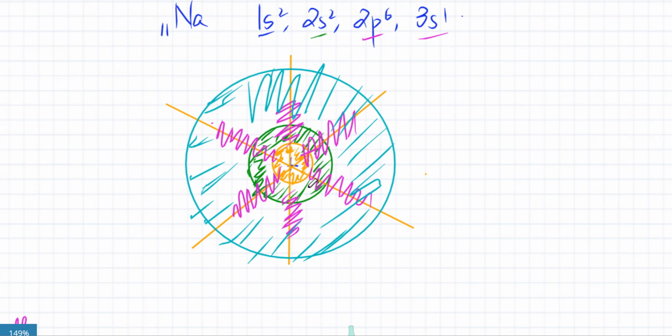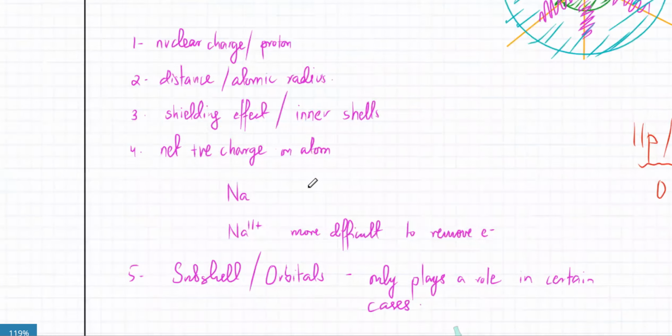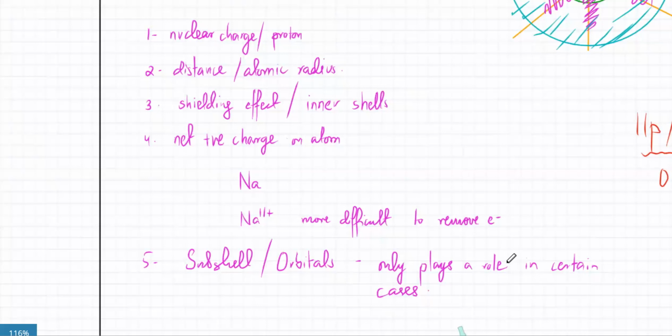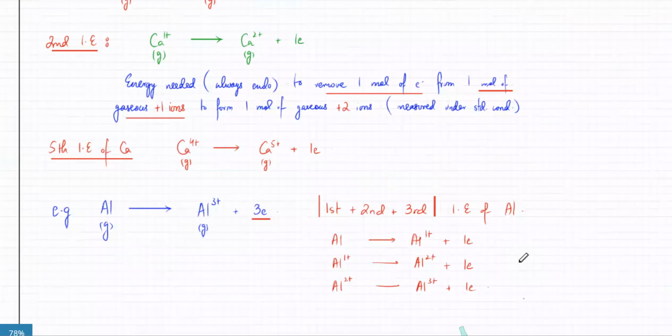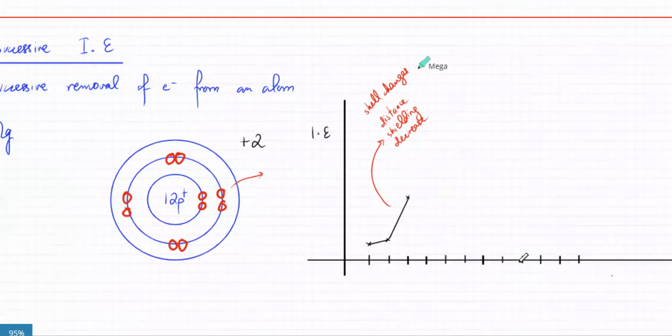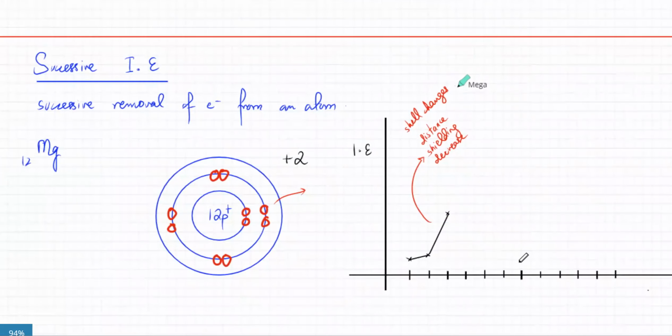The fifth factor is going to matter, but it only plays a role in certain very specific cases. Otherwise, it doesn't really matter whether you're removing it from a spherical or a dumbbell-shaped orbital. Okay, is that clear? Yes, sir.